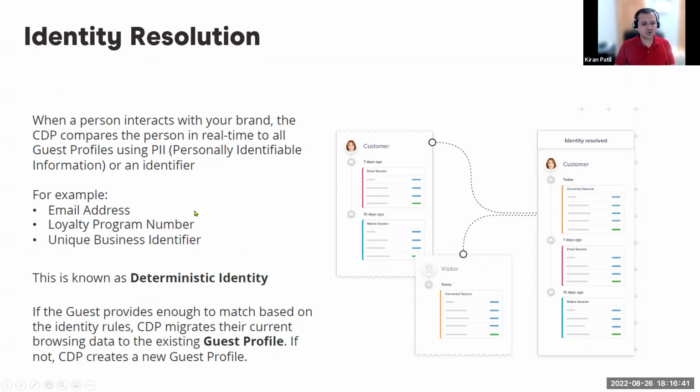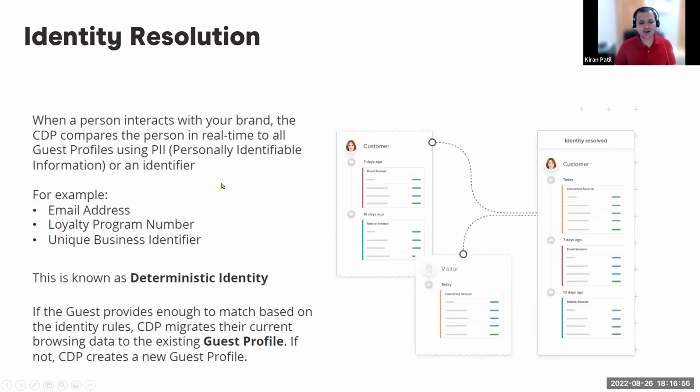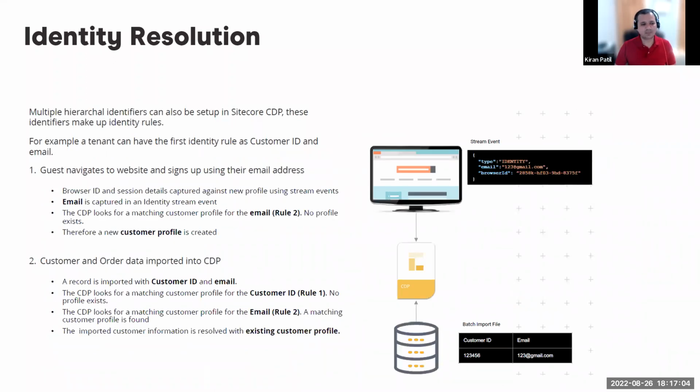And then the beauty of the system is you can configure what is your identity and what are those rules from the portal, and we can see that in some time. Now you might be thinking that if I provide an email address from the website, then only Sitecore CDP identifies me and resolves my identity. No, that's not true. One source is website for sure.